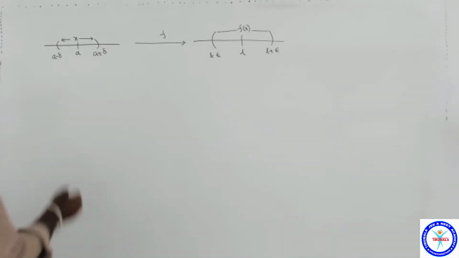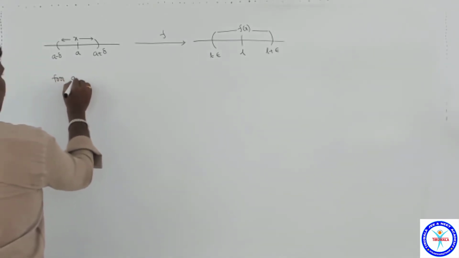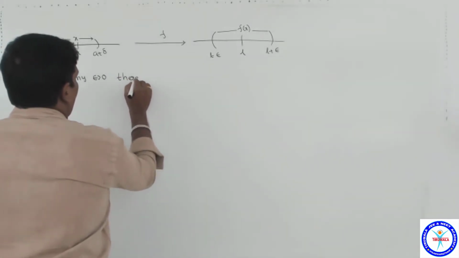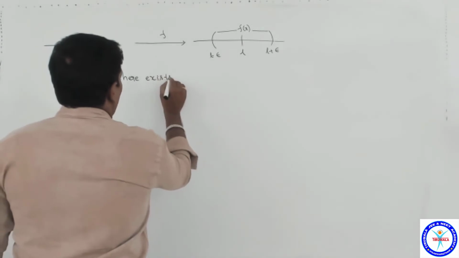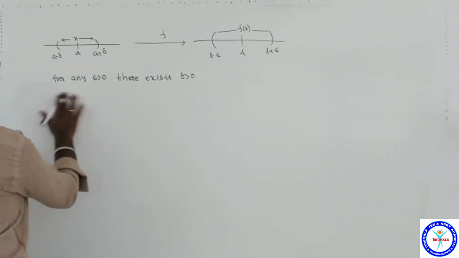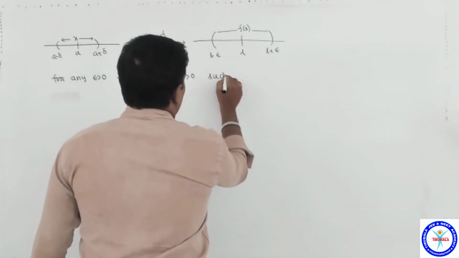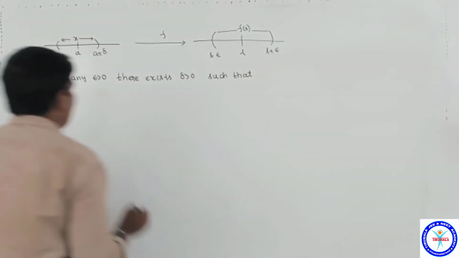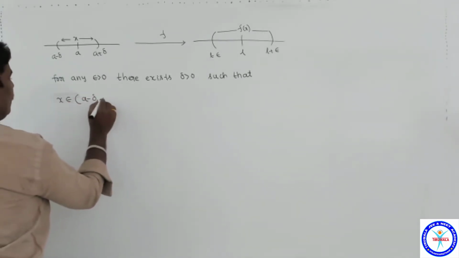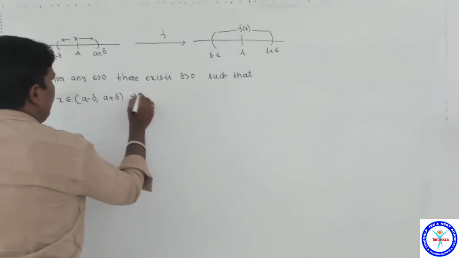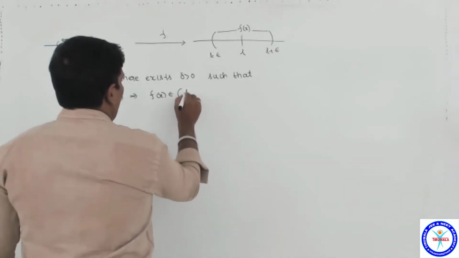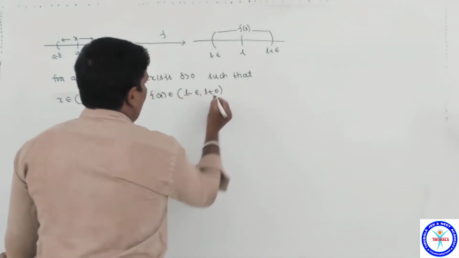So for any epsilon greater than 0, there exists delta greater than 0 such that x belongs to a minus delta comma a plus delta implies f of x belongs to L minus epsilon comma L plus epsilon.